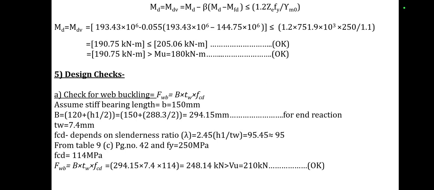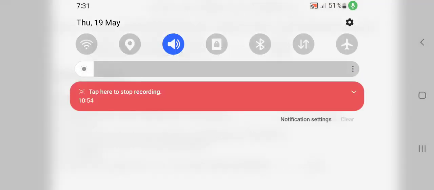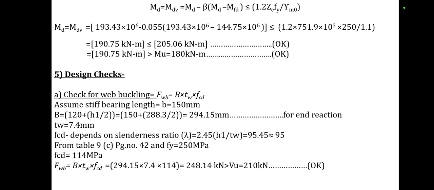Substituting the values into FWB, which is equal to B into TW into FCD, we get the result as FWB is equal to 248.14 kilonewton, and it is greater than VU, which is equal to 210 kilonewton. Hence our beam is safe for web buckling.